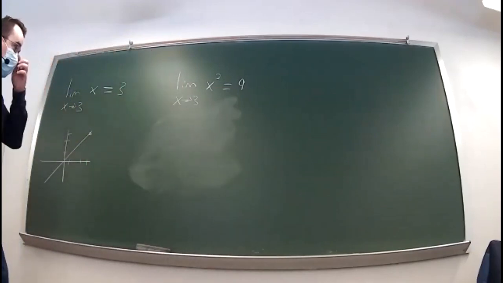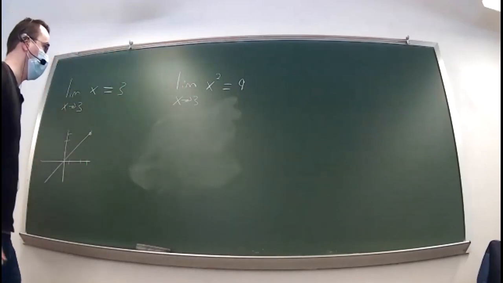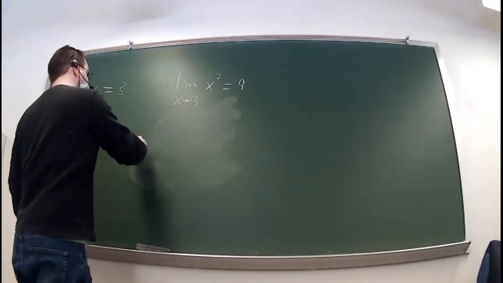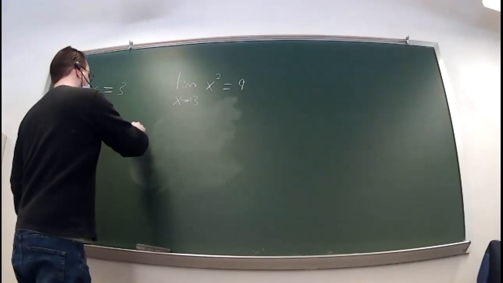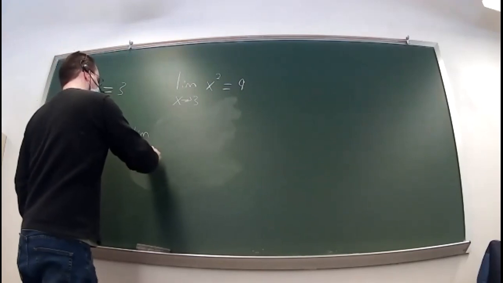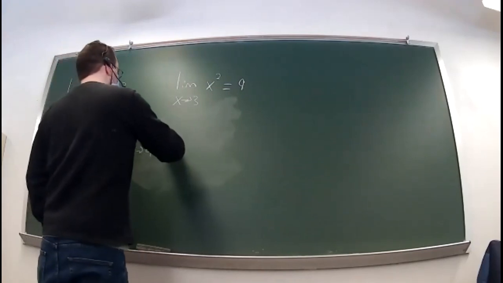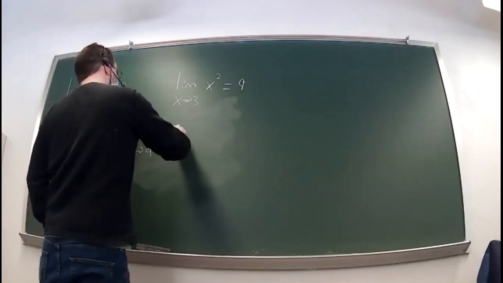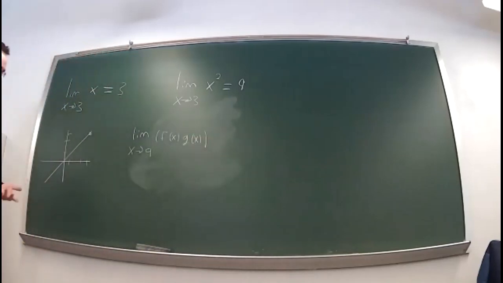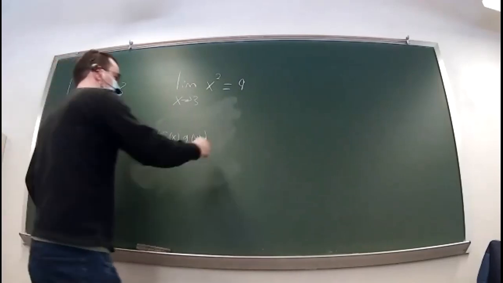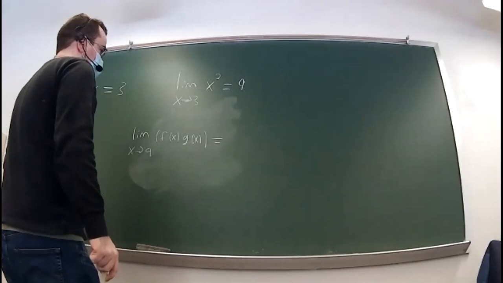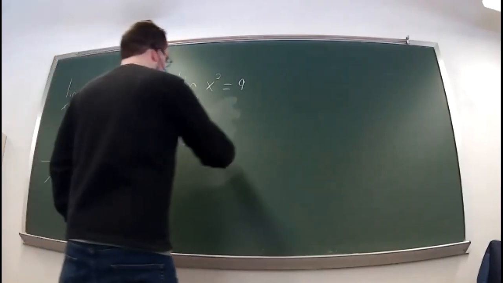Because we have one limit law that says that if you take the limit as x goes to a point, a, if you take the limit of a product of two functions, say f of x and g of x, then the answer is going to be the product of the limits.